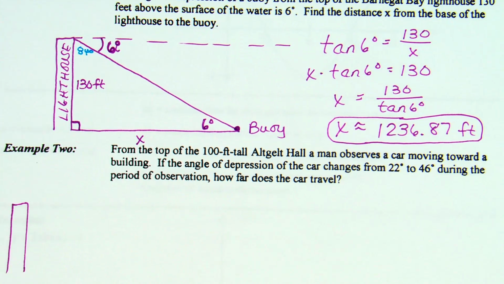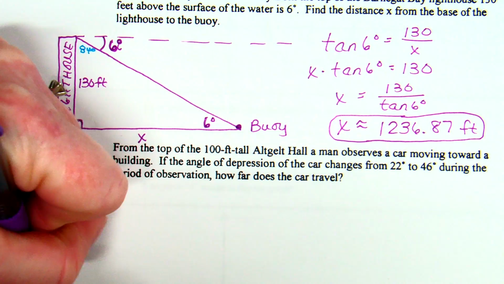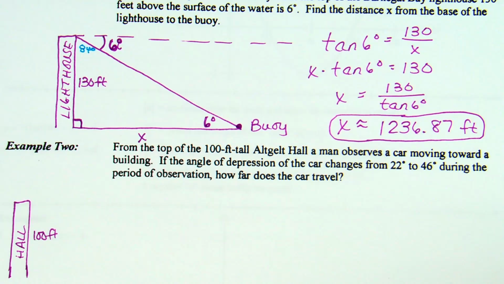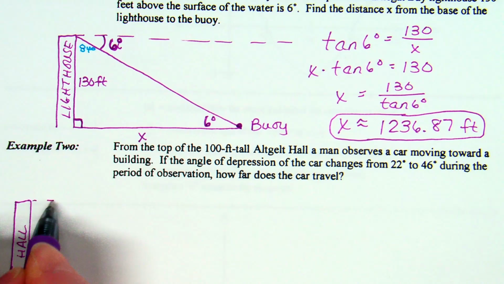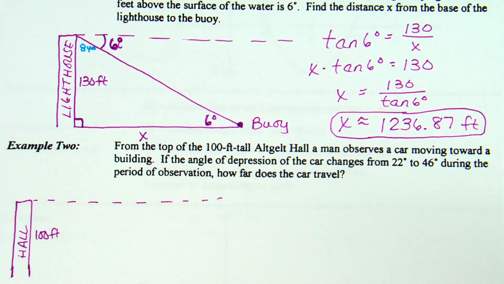So, now, let's see. We know that Altgett Hall is 100 feet tall, right? And it says, so from the top of the hall, so here's my horizontal, if that helps. A man observes a car moving toward the building. So what we've got here, we've got a man observing a car way out here.